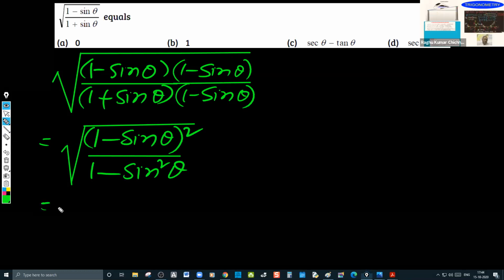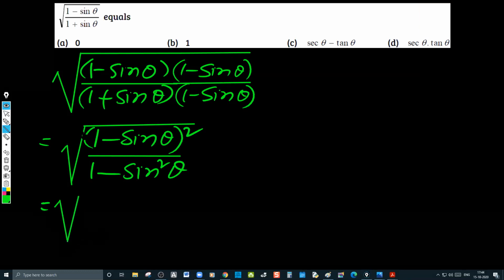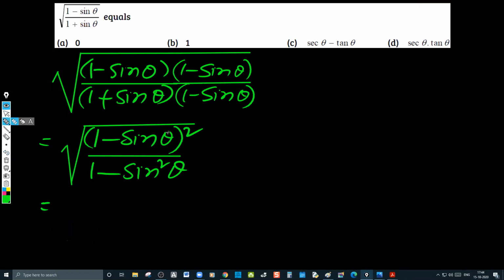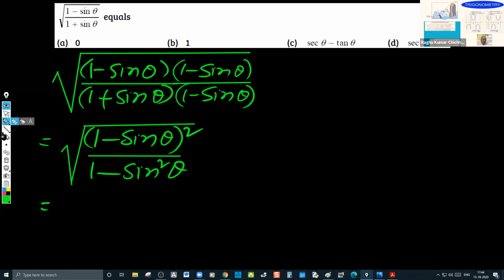Then tell me what should be written next? Expanding 1 minus sine theta whole square, square and root is there. But do not forget, very, very important point.